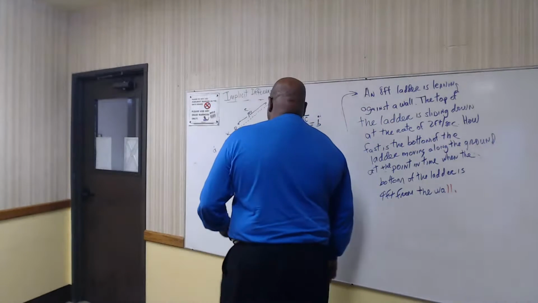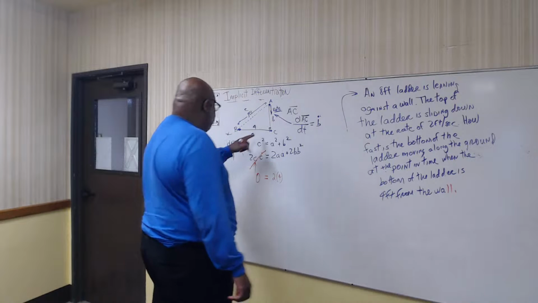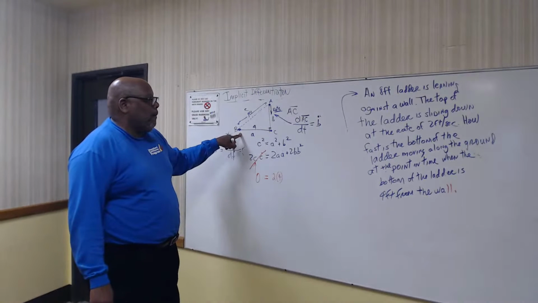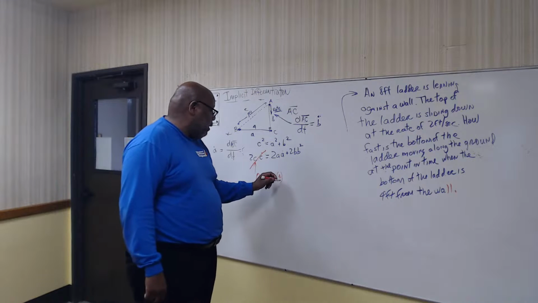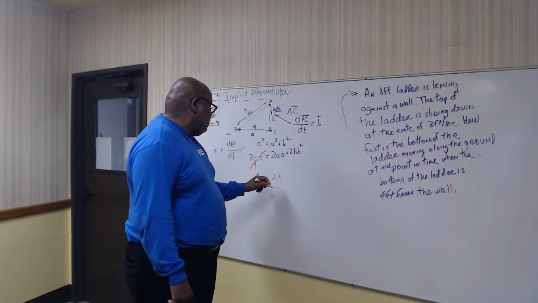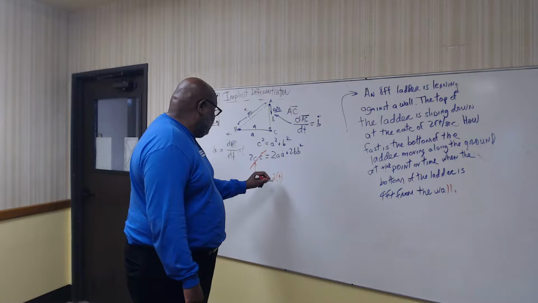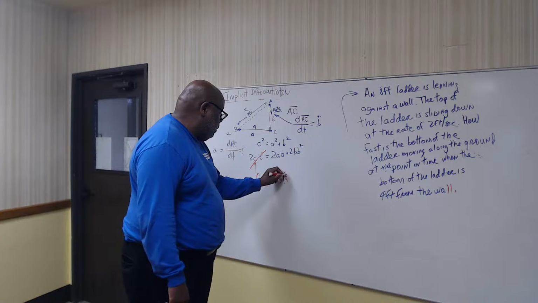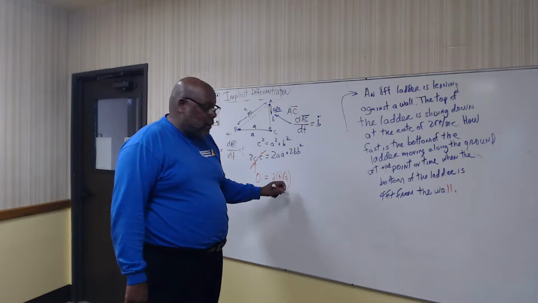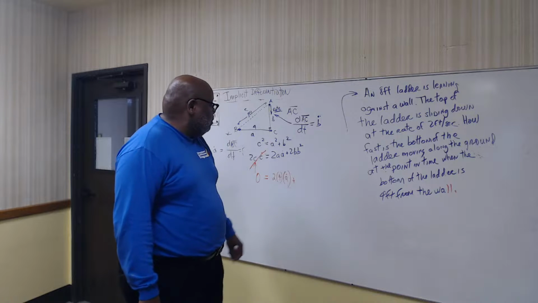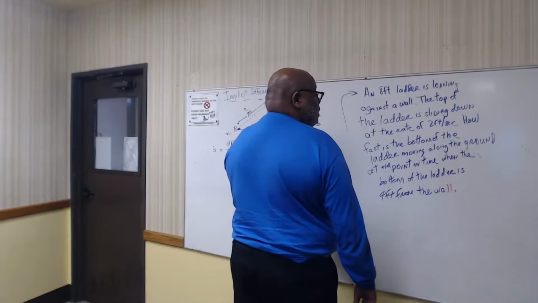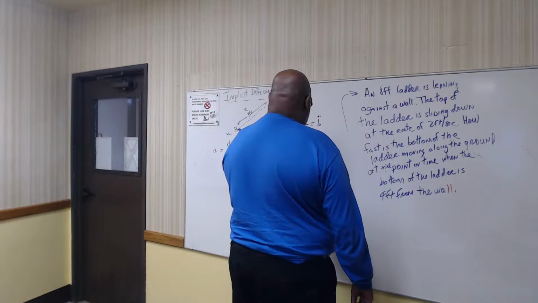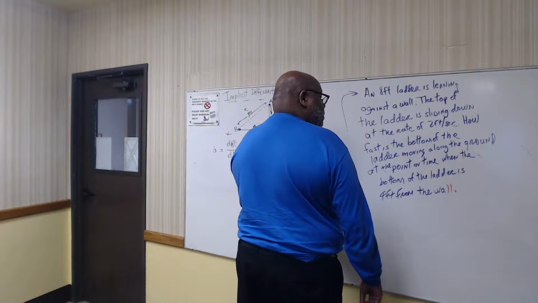So this is 4 feet from the wall. The only thing we don't know when we look over here is A dot. That's the thing we're trying to find. That's the mystery, right? But then look at this one. Do we know what B is? Do we know what B dot is?